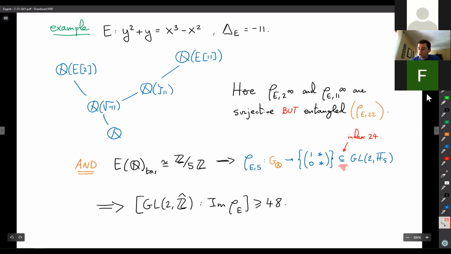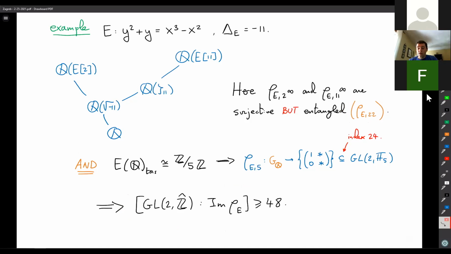The index is 24 here. So already mod 5 the index is 24, plus an index 2 from the mod 22 image. Now the index adelically is at least 48. I haven't checked this, but I believe the index is 48 adelically.